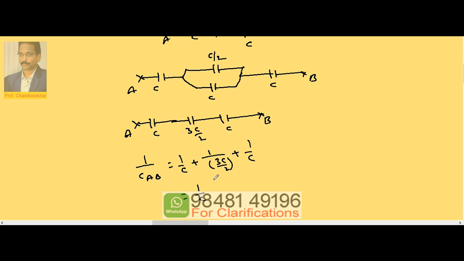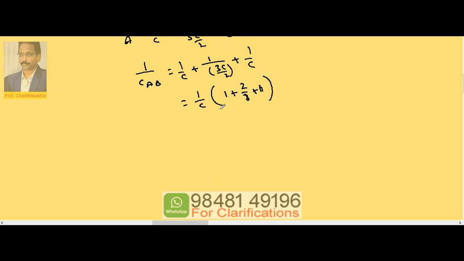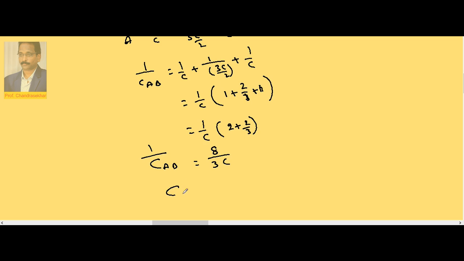So I can take 1 by C common: 1 plus 2 by 3 plus 1. So 1 plus 1 is 2, plus 2 by 3, so this becomes equal to 8 by 3C. Therefore the effective capacity between A and B is 3C by 8.